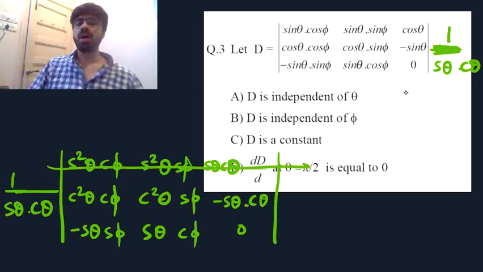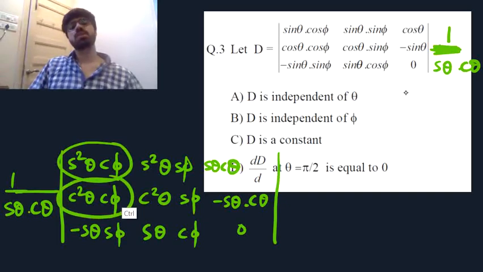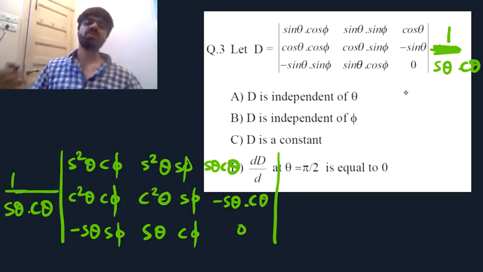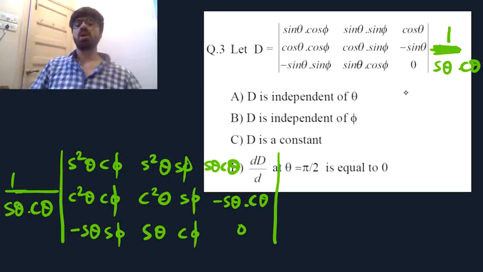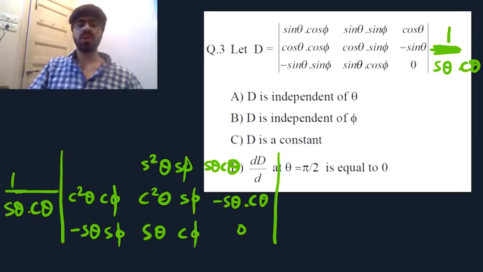Now what we can do is we can go for adding up. We can add up R1 plus R2. So when we go for R1 plus R2, this plus this is sine square theta cos phi plus cos square theta cos phi. Cos phi can come out common and sine square theta plus cos square theta will be 1. So this term will simply be 1 into cos phi, which is equal to cos phi.